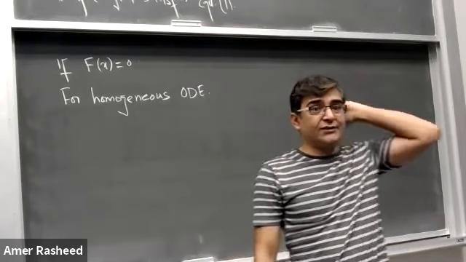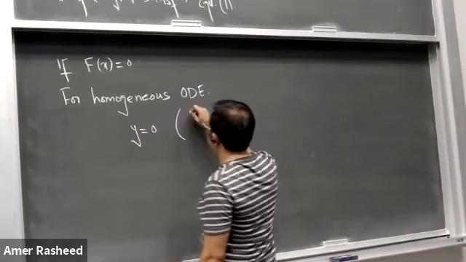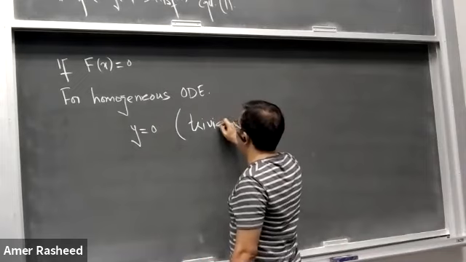Y is equal to 0 is called the trivial solution.